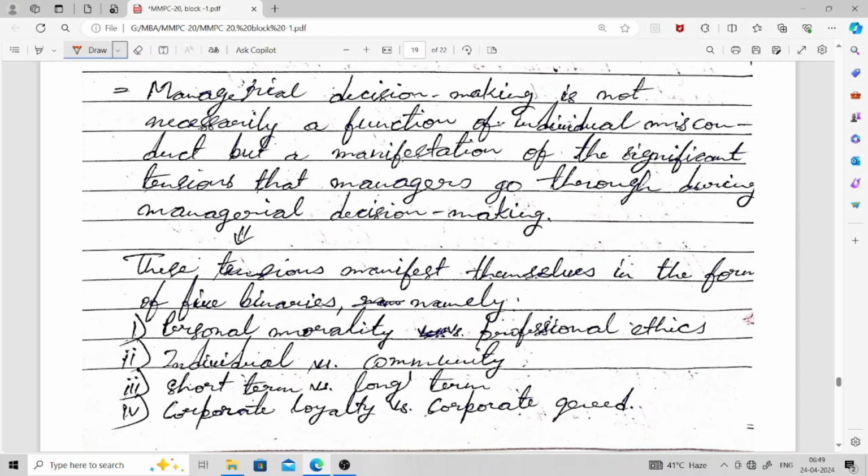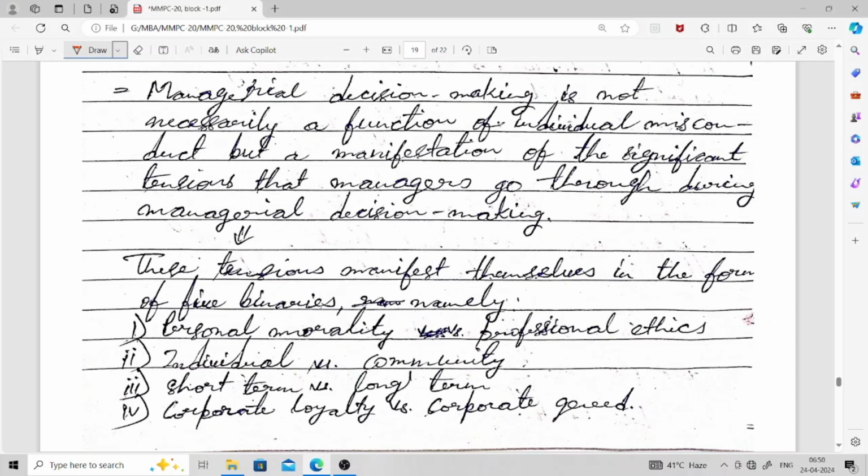It means that during managerial decision making, managers generally go through many kinds of significant tensions. These tensions manifest themselves in the form of five binaries. So there are many kinds of tensions which managers have to go through.